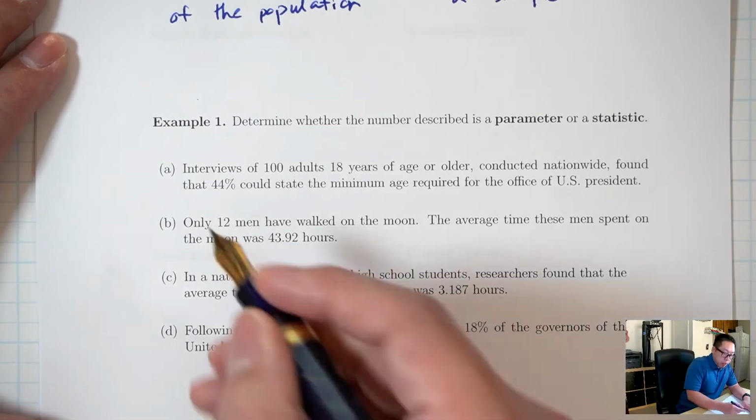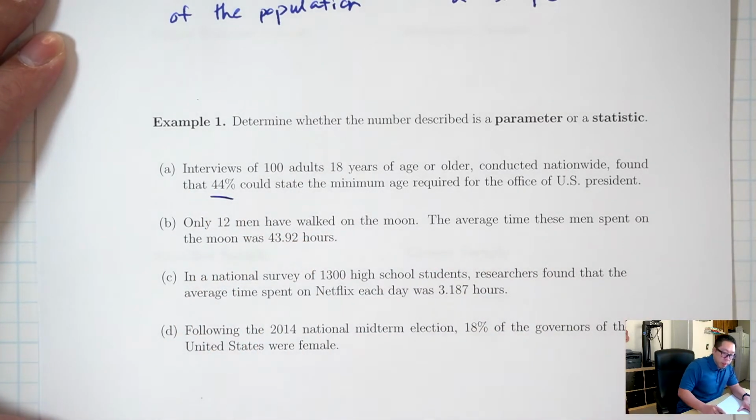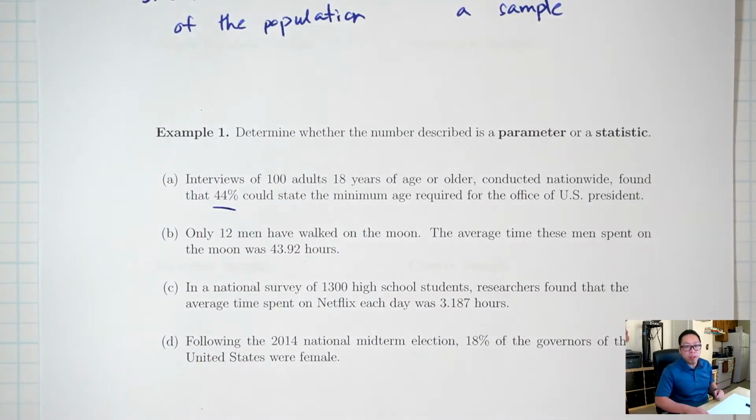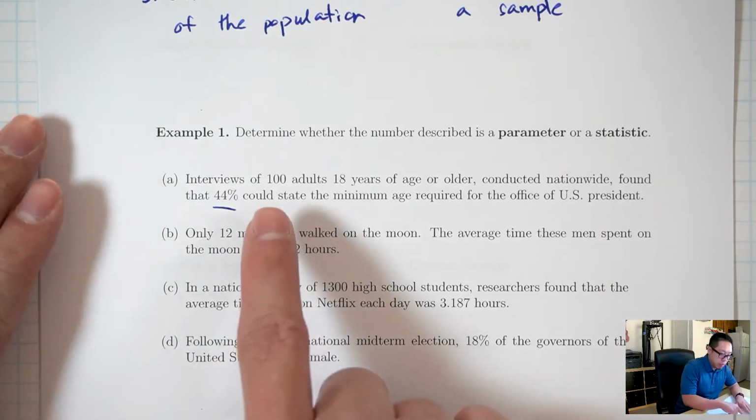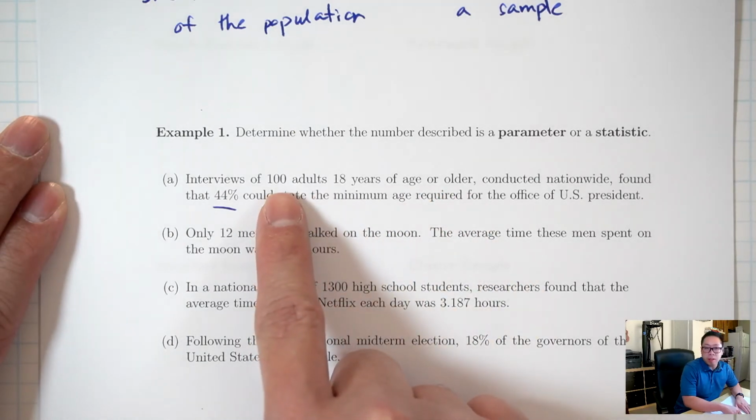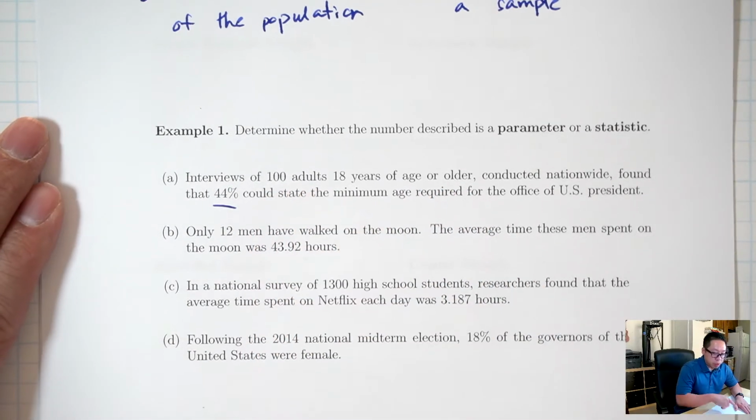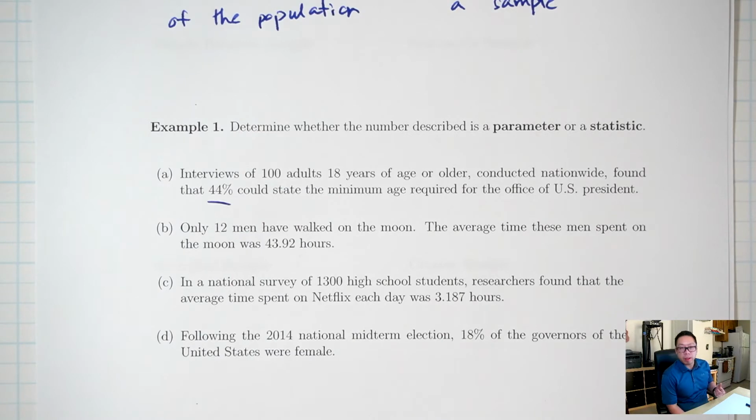The number I'm talking about here is that 44%. And the question is, did I get the 44% by asking everybody in the population or just some of the people, a sub-collection? Now, the population I care about here, and the hint is, look at the phrase that comes after the number here, adults 18 years of age or older. So I care about adults 18 years of age or older.